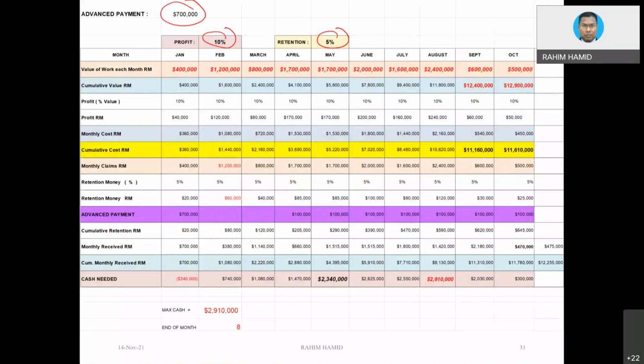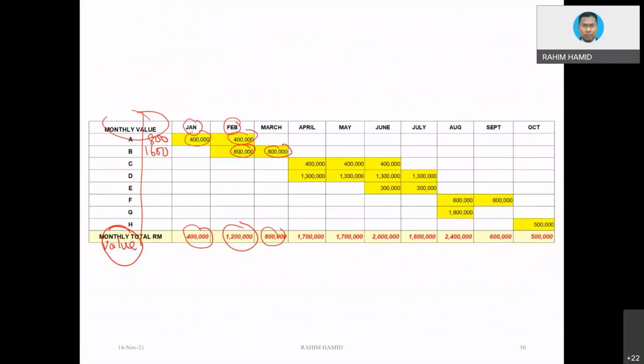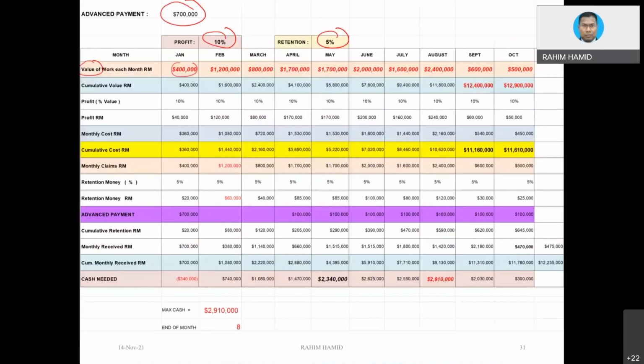Okay, so the first thing first, value for each work for the monthly value. This is monthly value. How do we get this? This is from our previous Gantt chart, the information given from the question. Okay, so this is the easy part.